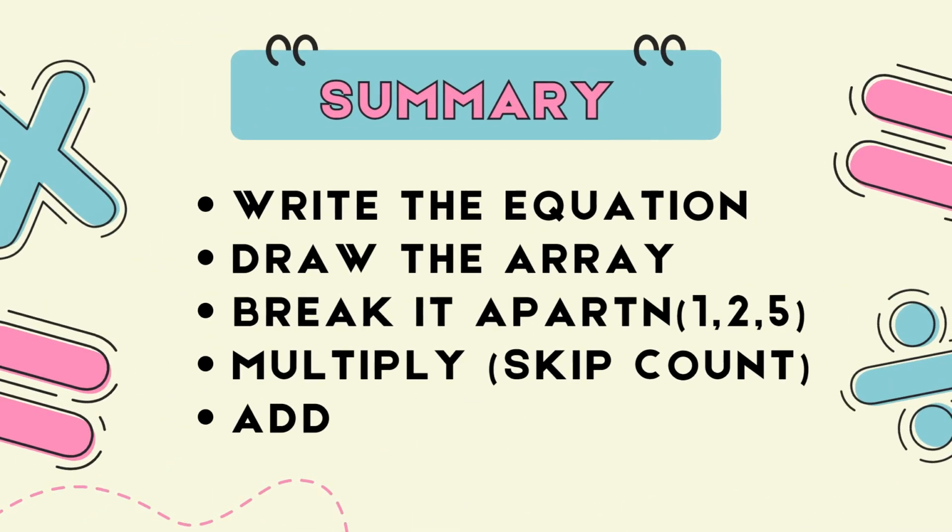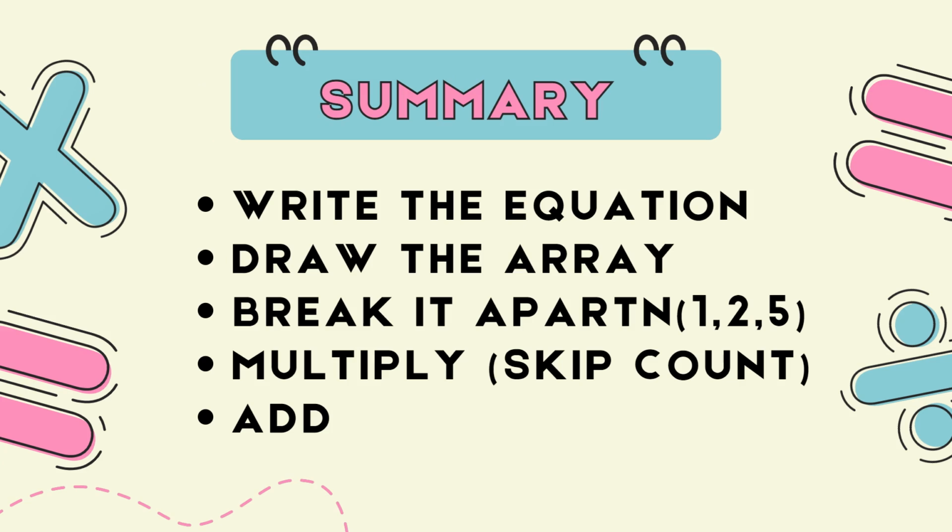So let's recap. Let's remember the steps, and I want you to repeat after me. Step 1, write the equation. Step 2, draw the array. Do not forget to number your rows.